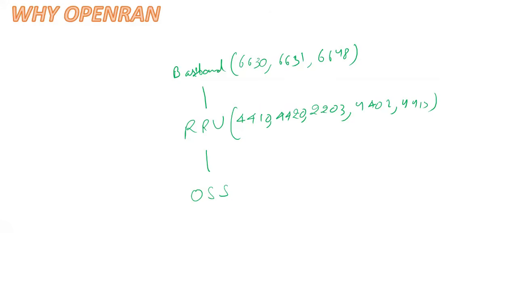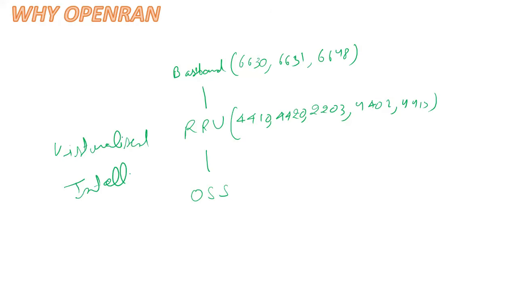Nowadays operators want lots of flexibility, right? They don't want anybody to have a monopoly. They want the baseband to be of Nokia, the RRU maybe of some other company, and the OSS of another company. In addition to that, ORAN is virtualized and intelligent.